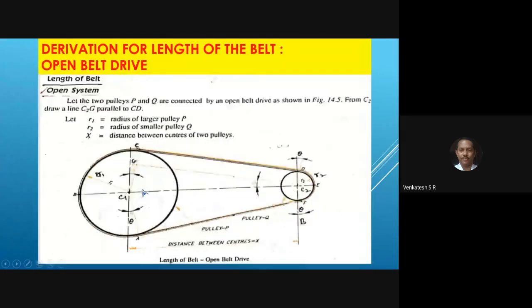This is R1, this is R2, 600 divided by 2, 300 divided by 2. And the distance between the centers is X. If you need, draw one bigger circle and one smaller circle, join with the axis like this, and mention this is R1, this is R2 and this is X.